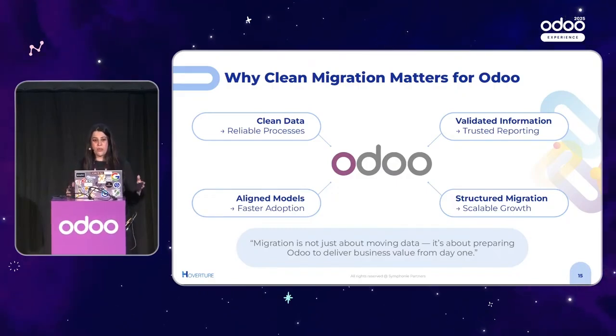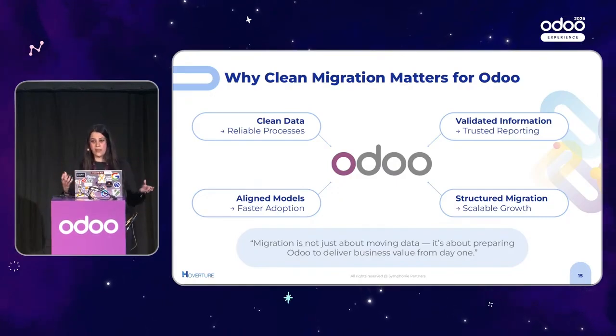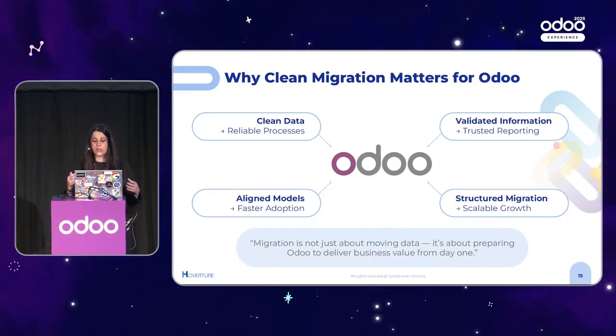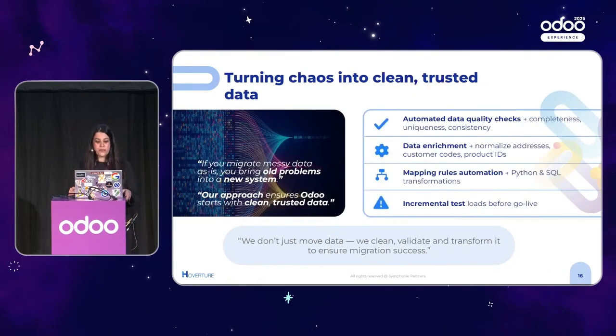And this is a crucial point because migration is not just about moving data from one place to another, but there is a lot of work around it, because, as I said before, it's also very important to have collaboration with the business area and to try to bring value from day one to the new system.